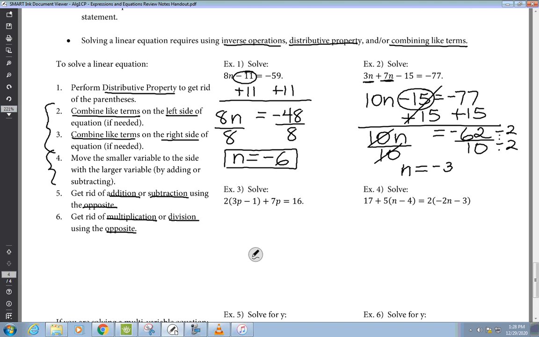So that's negative 31 over 5. Or, this is a problem in which the decimal value would work out nicely, negative 6.2. Again, if you're going to get a long, ridiculous decimal, don't give the decimal answer. Just leave it as a fraction.